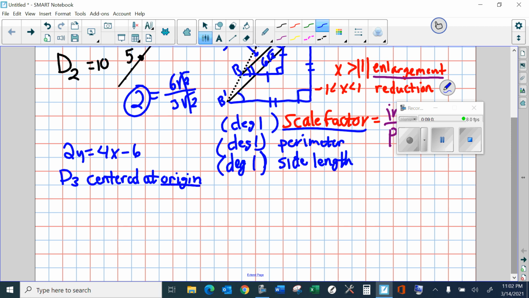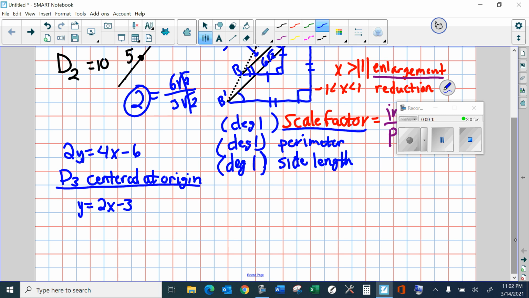It's always easiest when it's centered at the origin, so you've got to pay attention. You're reading the words centered at the origin on the dilation. First thing I do is solve for y always, put in slope-intercept form. So y equals 2x minus 3.